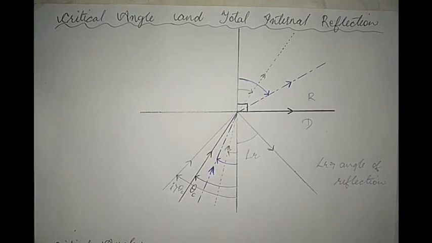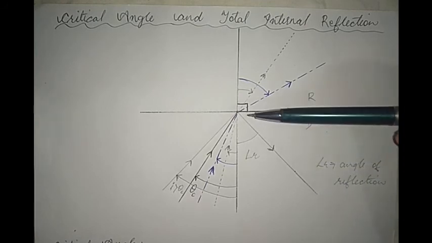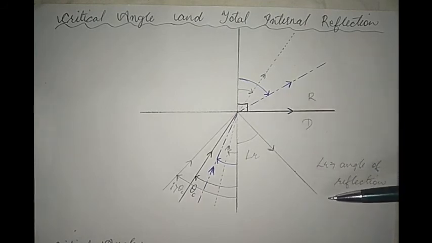In case of a mirror, when a ray of light is incident on a mirror, some part of this incident light gets absorbed by the mirror, and only about 90 to 95% of the light gets reflected by the mirror. So it's not 100% of light getting reflected from the mirror. Whereas in case of total internal reflection, 100% of the light gets reflected back. So therefore, this phenomenon is called total internal reflection.